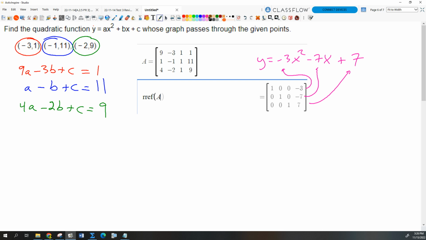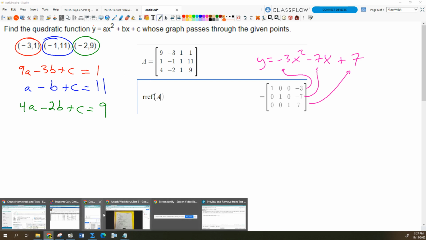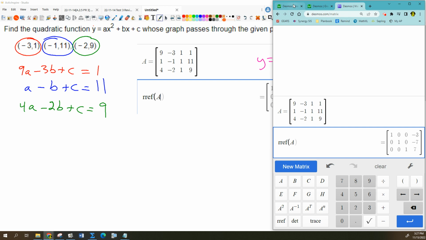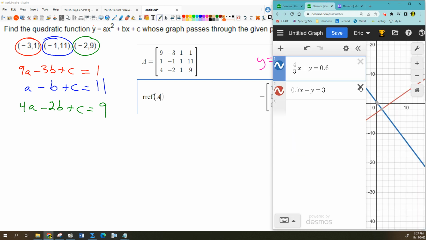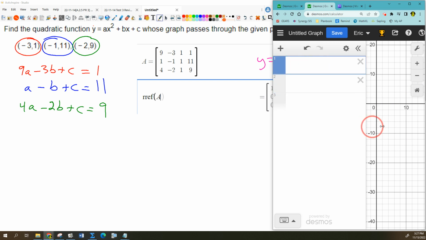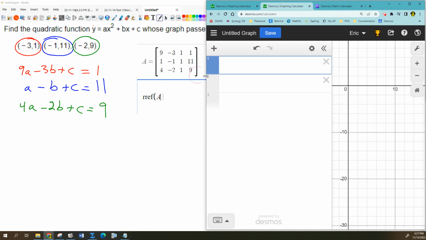Okay. There is another cheap way to do this one that's kind of slick, right? If we go back to Desmos graphing, you remember how to do this one using Desmos graphing? Okay, there is a slick way to do this. We could use regression, but we'll use quadratic regression. So we've got these three ordered pairs.